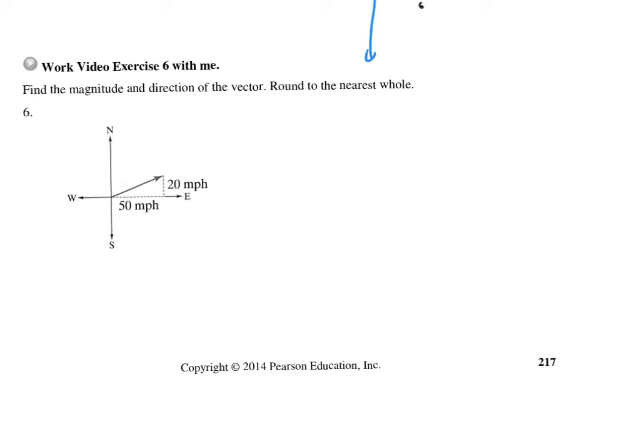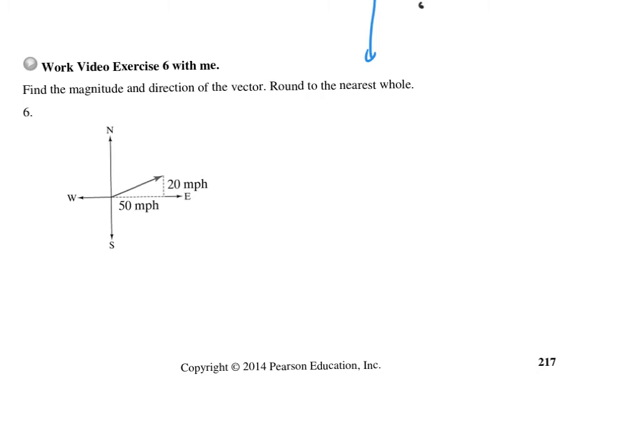So if we were to draw a triangle here, the magnitude of the vector is the length of the hypotenuse. It's the distance from the initial point, 0, 0, to the terminal point, which in this case is 6, 1. So it's the hypotenuse of this triangle.